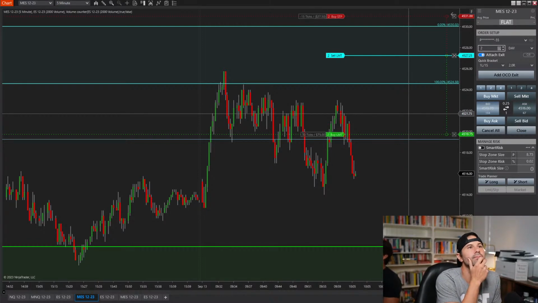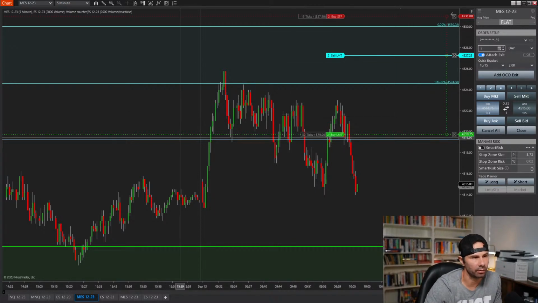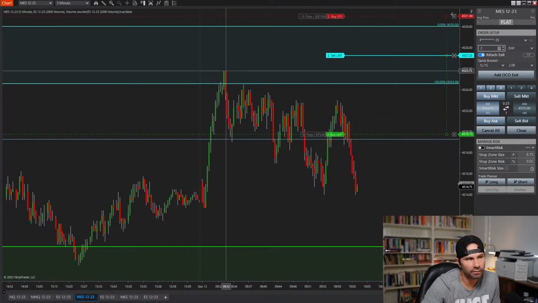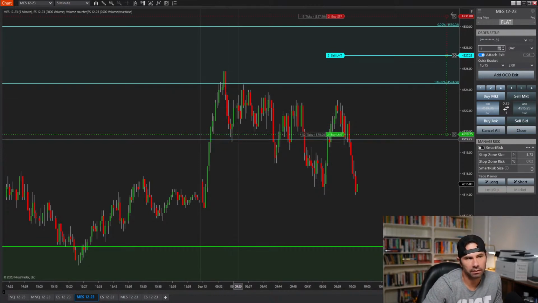But we haven't had an aggressive move. It's just slowly dropping. But we had an area there, and due to the fact that we came here with this momentum to the upside, a wall of sellers stepped in.